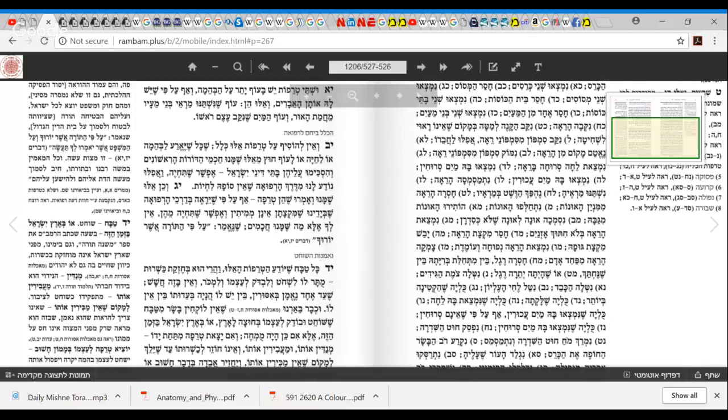And even if we discover by means of our medical knowledge that in some case they are going to die, for example if the animal has a certain type of cancer that will cause it to die very soon, even though it doesn't have any of the signs of these 70, that is irrelevant. We may not include it in the list of terefot.